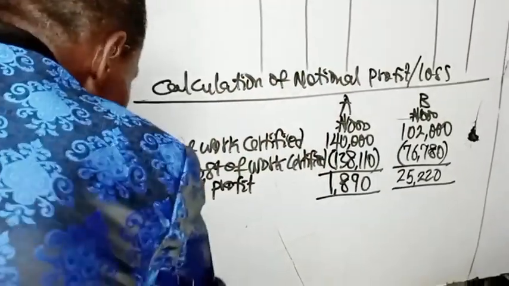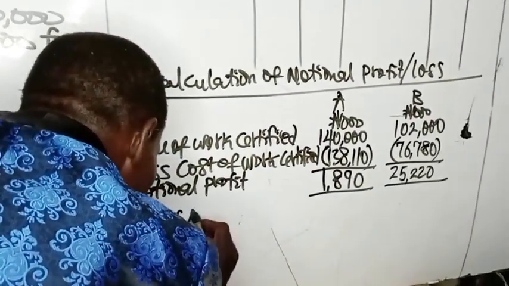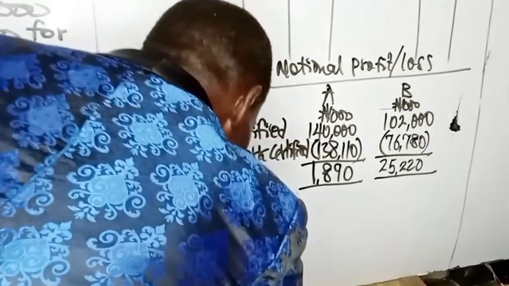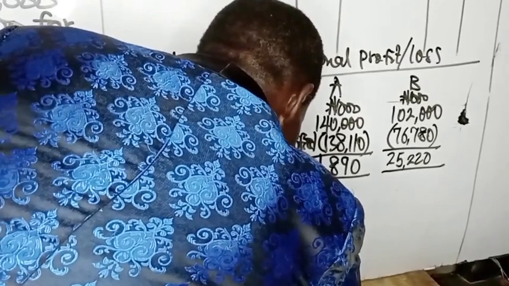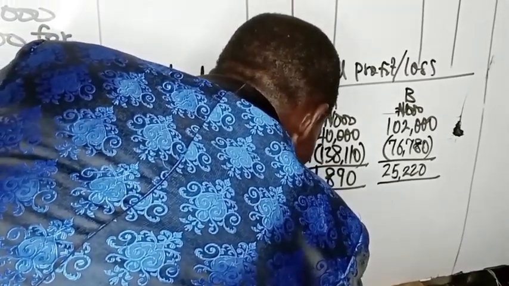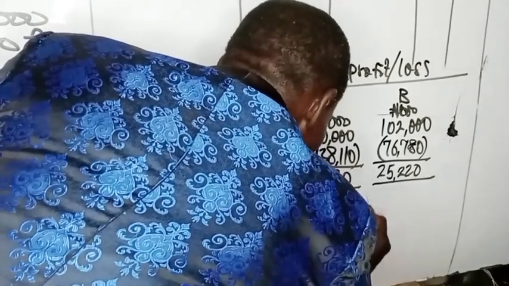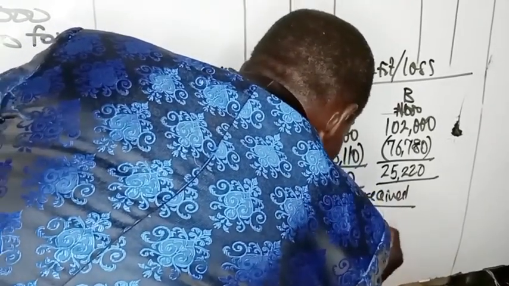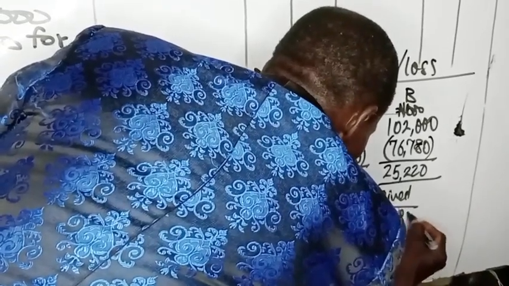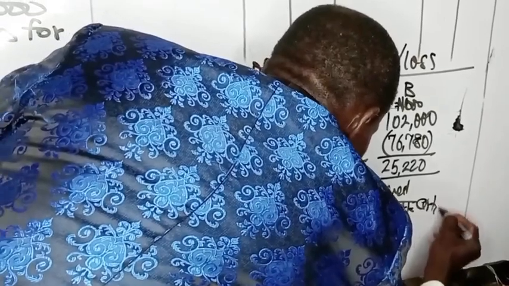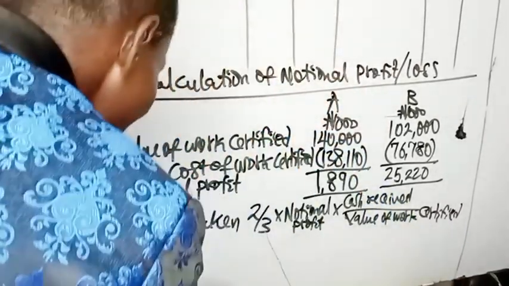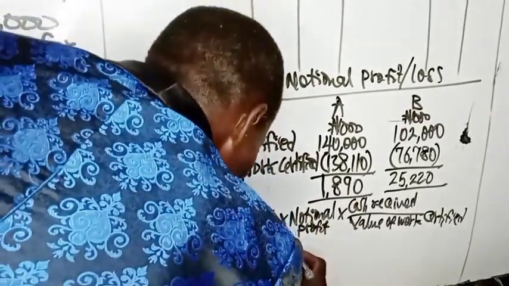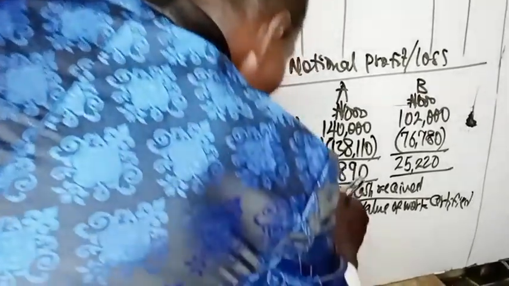So how much will now be the profit taken? Since it is notional profit you have gotten, the formula to use is 2/3 of notional profit times cash received over value of work certified. For contract A, 2/3 of the notional profit, 1,890, times how much is the cash received?